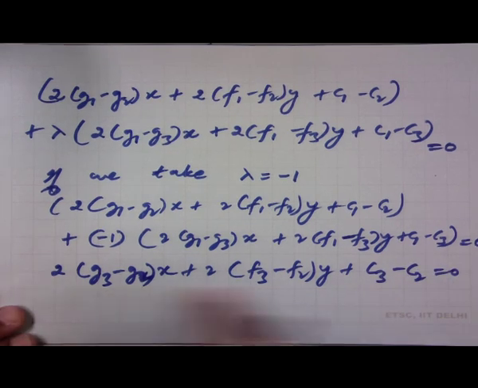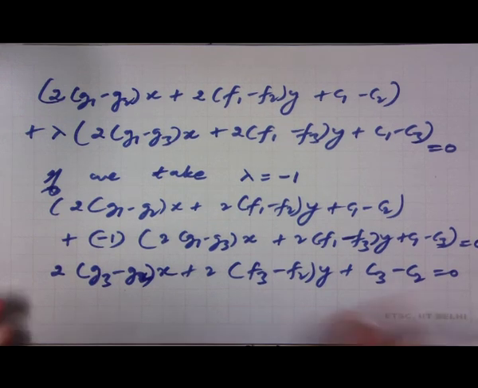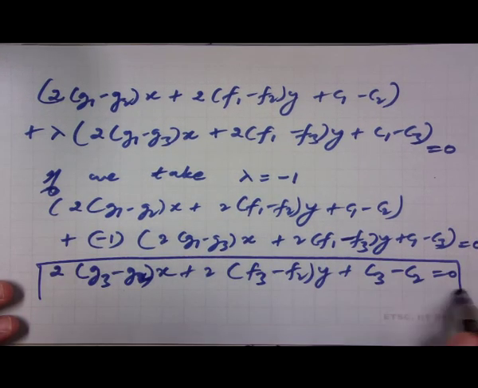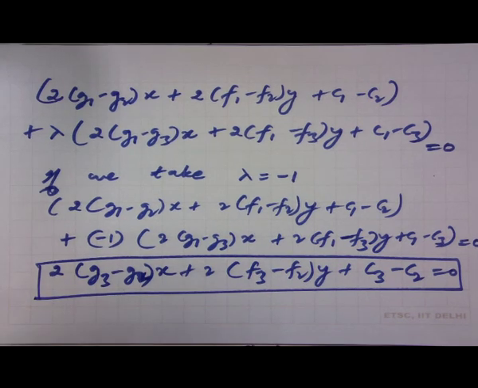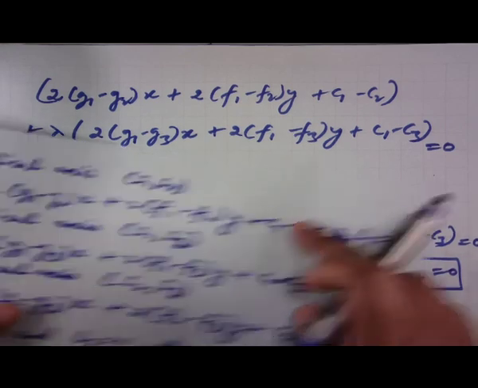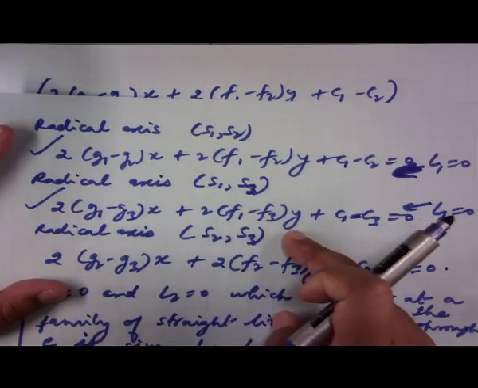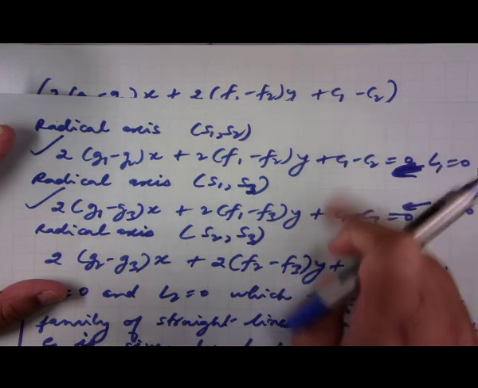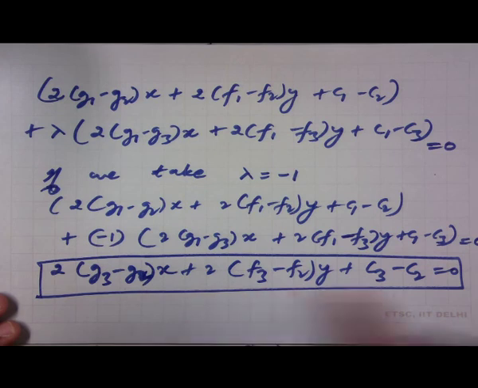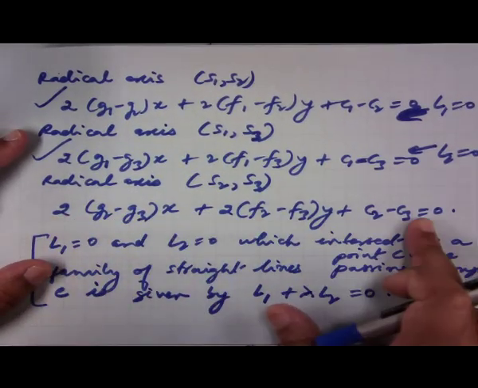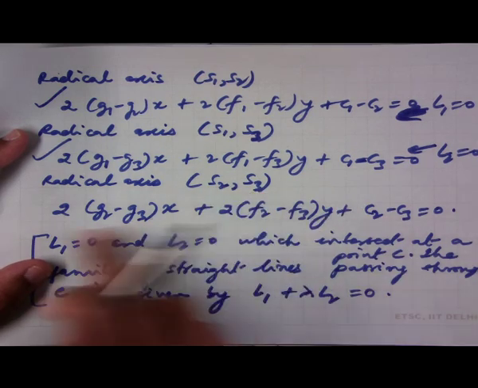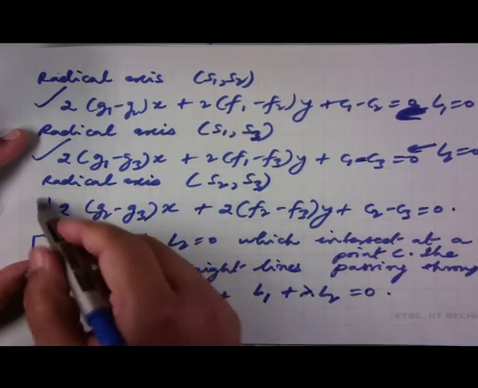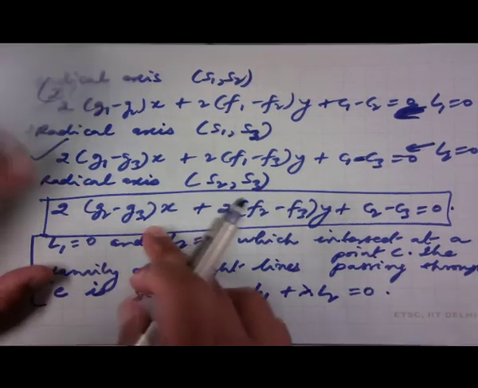But then this equation is the equation of a straight line which passes through the point of intersection C of these two radical axes, and this straight line is nothing but the same as the third radical axis. So, this equation is the same as this equation.